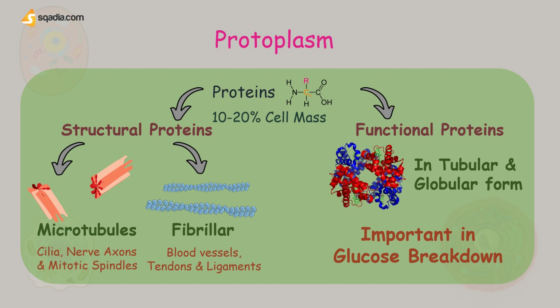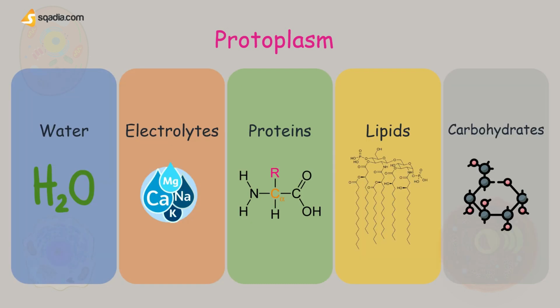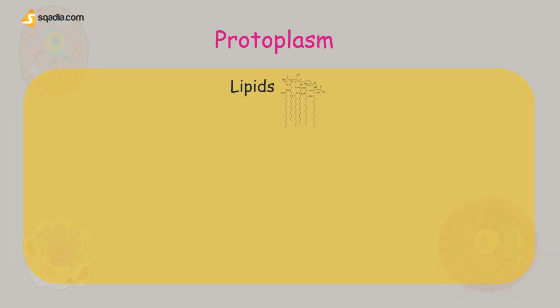For example, the chemical reactions that split glucose into its component parts and then combine these with oxygen to form carbon dioxide and water, while simultaneously providing energy for cellular function, are all catalyzed by a series of protein enzymes. Now, lipids are several types of substances that are grouped together because of their common property of being soluble in fat solvents.